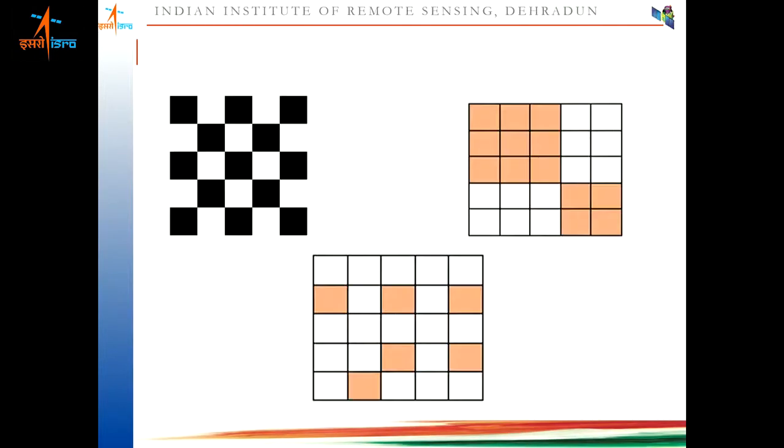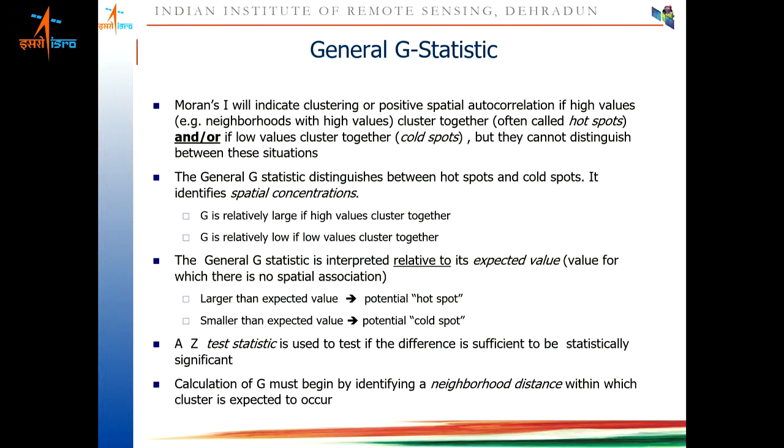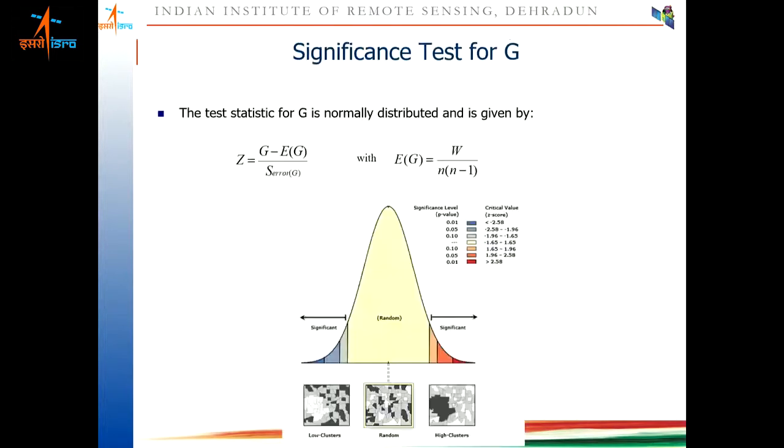So till now what we have seen is Moran's index, which tells you the presence of spatial autocorrelation, that is, whether a cluster is present or not. The general G statistic tells you whether a hotspot is present or not.